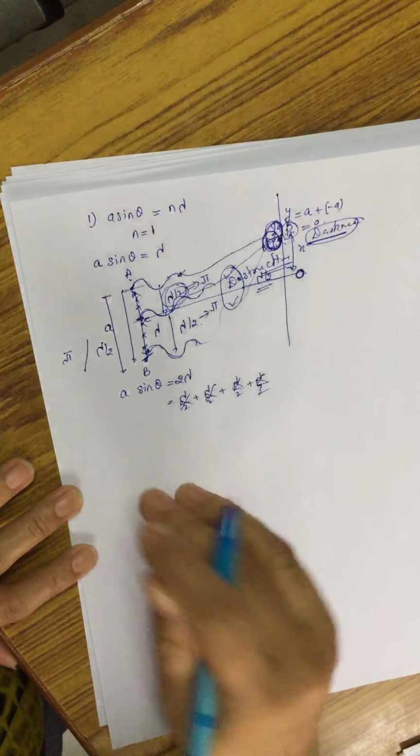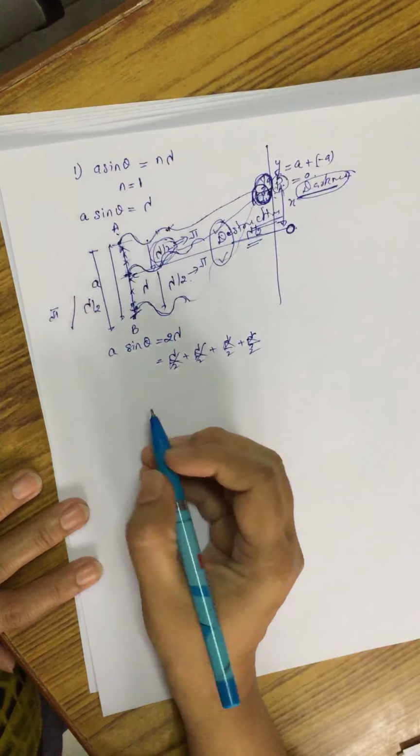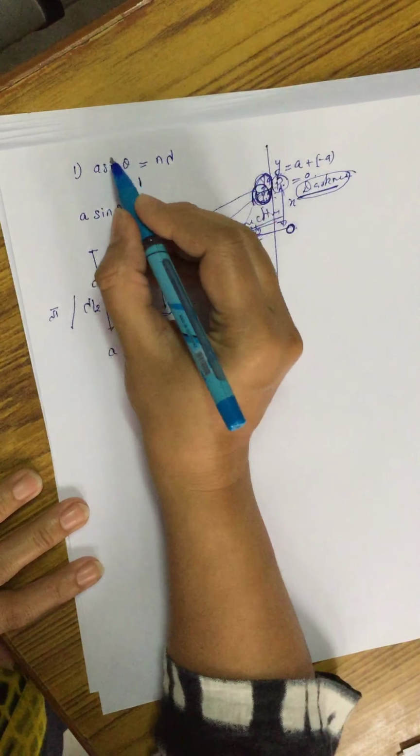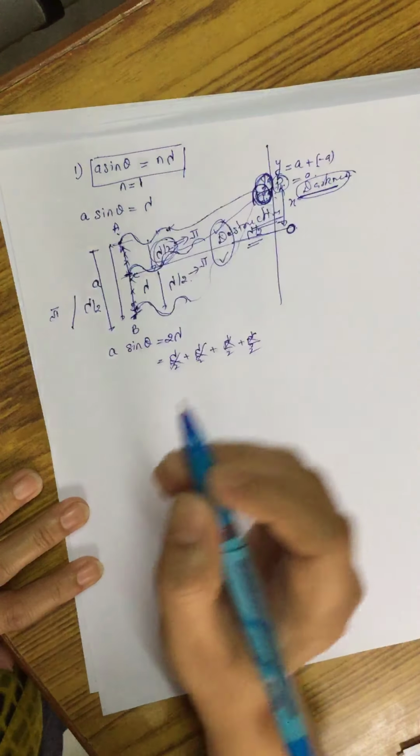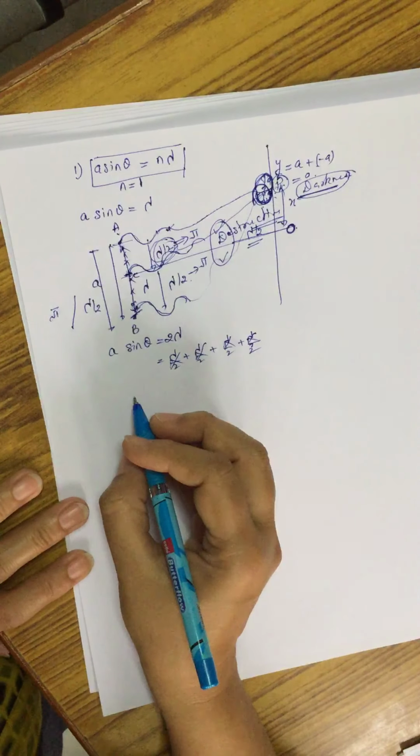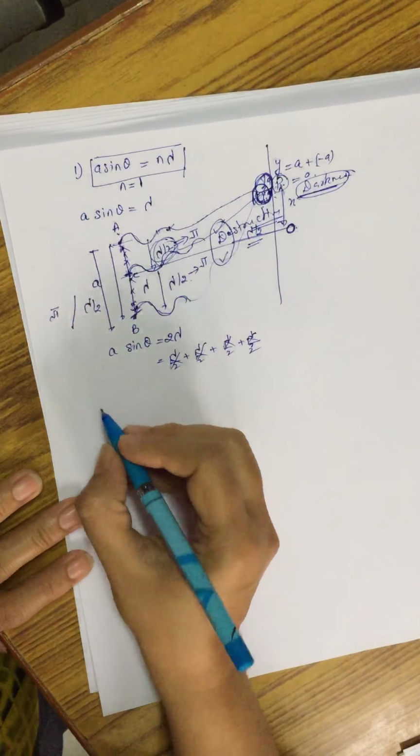Hence, the condition for darkness is a sin theta equal to n lambda. This is the condition of darkness.